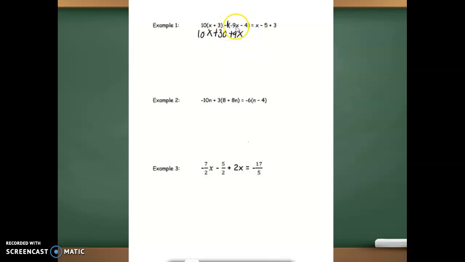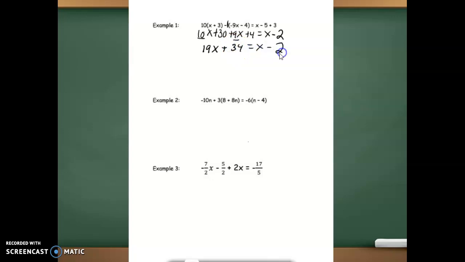Big deal right here, -1, -4 is a positive 4. What's a -5, 3? -2. Now, we have some combining to do. Same with the constants, right? That would be 34.